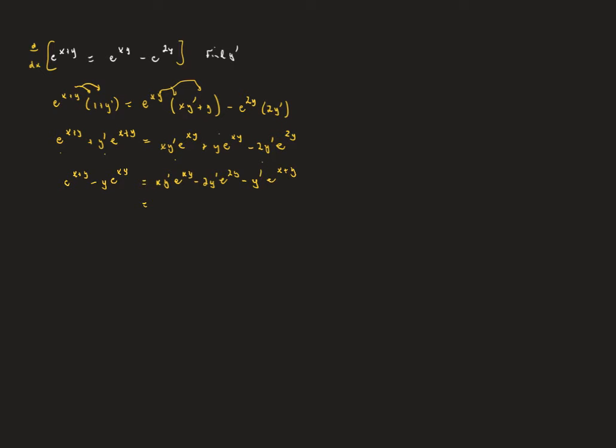So on that right side, we're going to isolate our y prime by factoring it out. That will leave behind x e to the xy minus 2e to the 2y minus e to the x plus y. And the left side's just hanging out, waiting for us to divide over here on the right.